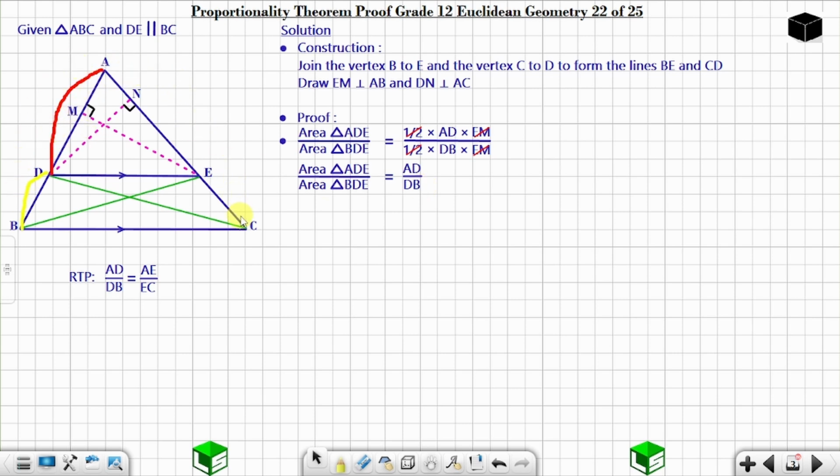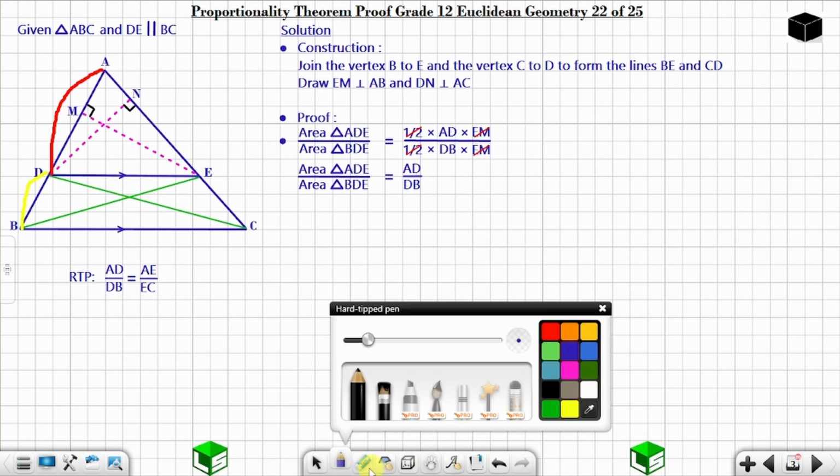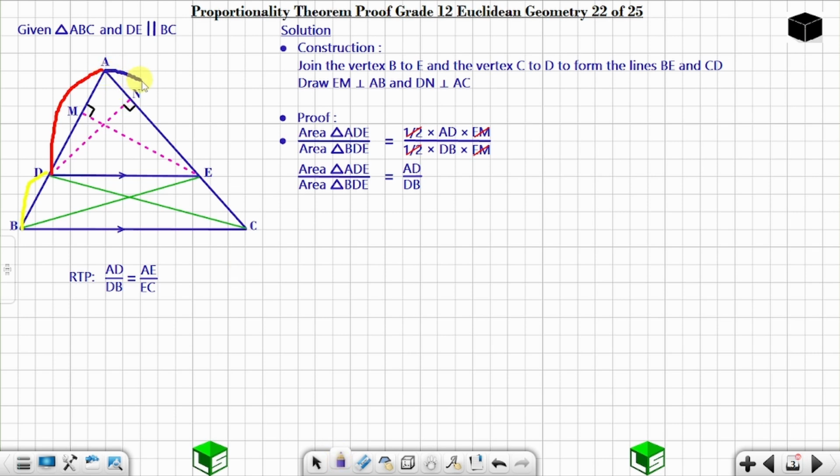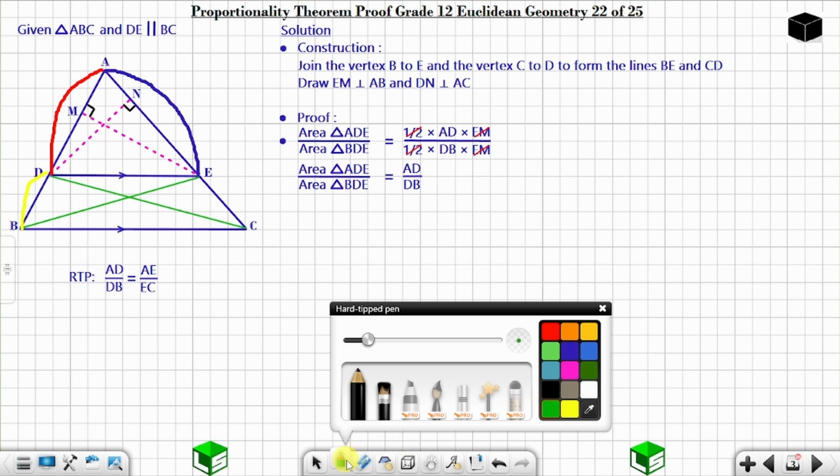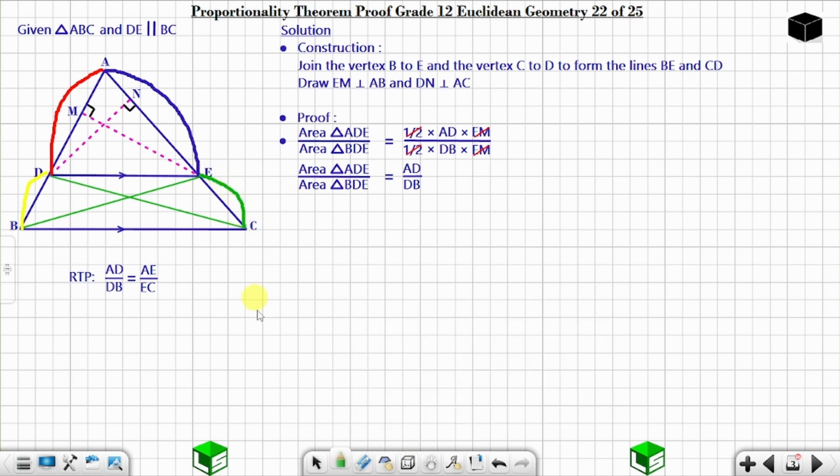Now on this side we are going to have AE over EC. Let me show you. AE over EC. So we are going to use the area of the triangle ADE over the area of the triangle CDE.